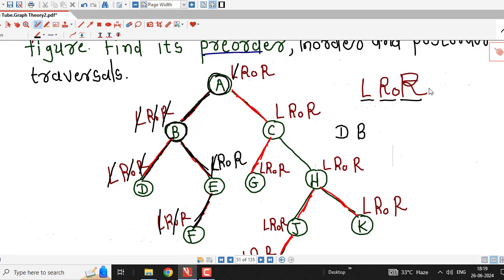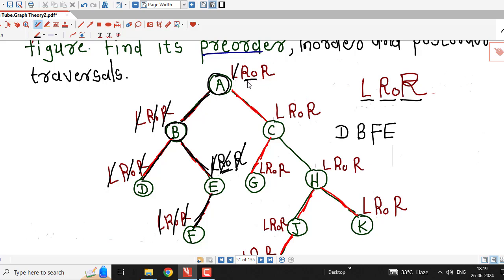So here we write capital F and there is no right subtree, so we cancel this. Now we go back again in this direction, in reverse. So here the pending operation is root, that is we cancel this and we write capital E, and there is no right subtree of E, so we cancel this also and we go back in this direction.